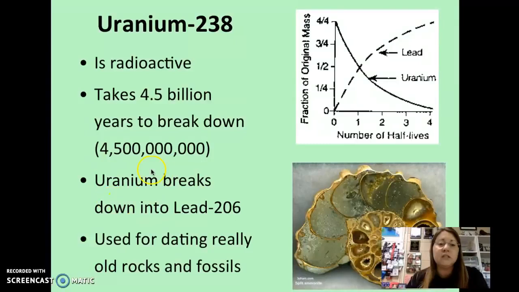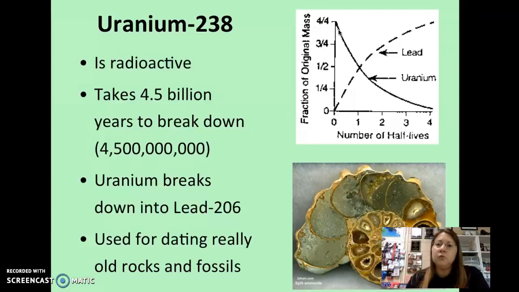And as uranium breaks down, like we were looking at in the rock picture just a minute ago, the uranium is going to break down into lead. So uranium is going to be useful for dating rocks and fossils that are really old. If you look at this graph, it's similar to the one that we were looking at a few minutes ago.